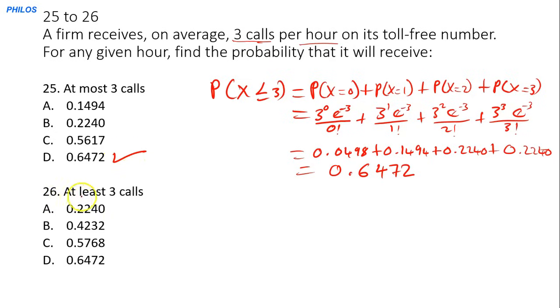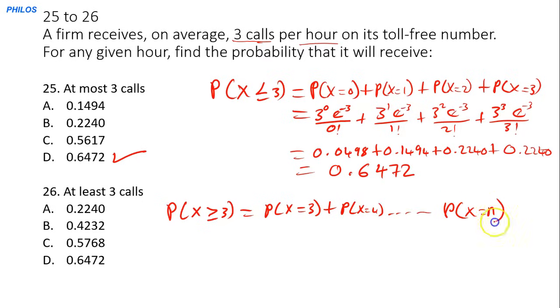Question 26 says at least 3 calls. At least 3 calls means the probability that x is greater than or equal to 3, which will give us the probability that x is exactly 3, or the probability that x is exactly 4, up to the last step, x is exactly n.